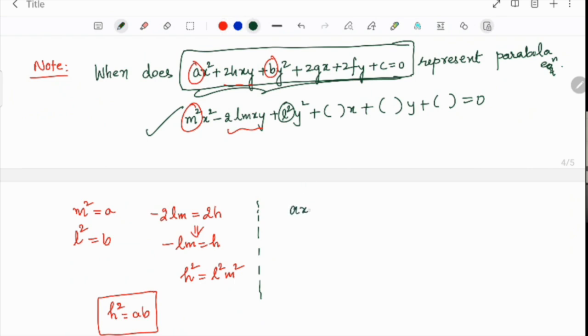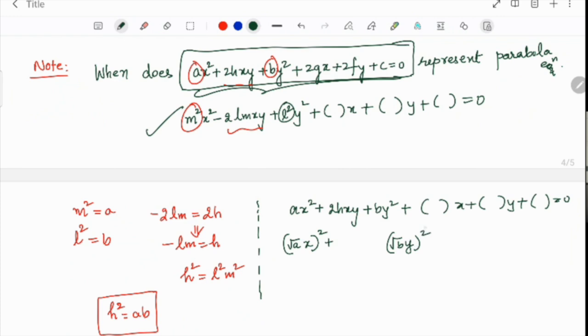Another way is like this: ax² + 2hxy + by². These are second degree terms. I'm saying these second degree terms should form a perfect square. That means this is (√a x)² plus (√b y)². Then here what should come? It should be a perfect square, in the form of a² + 2ab + b².